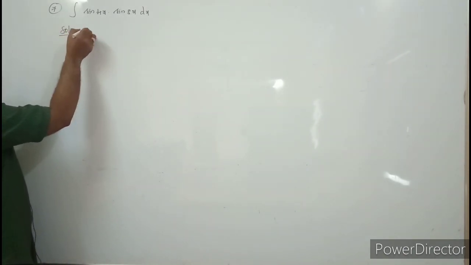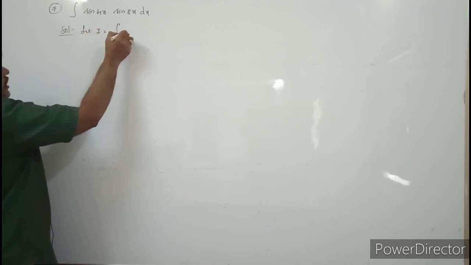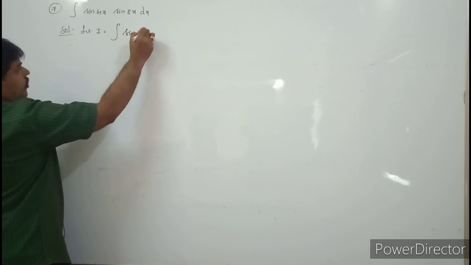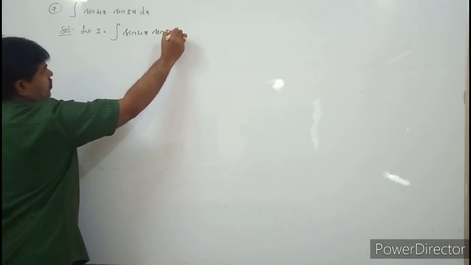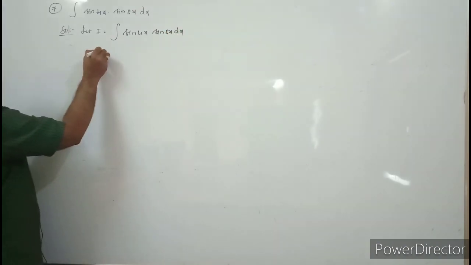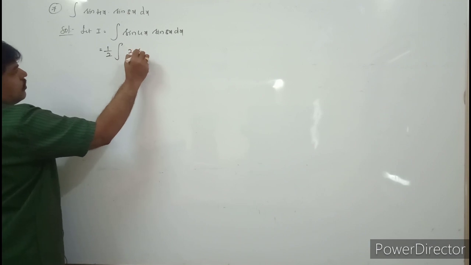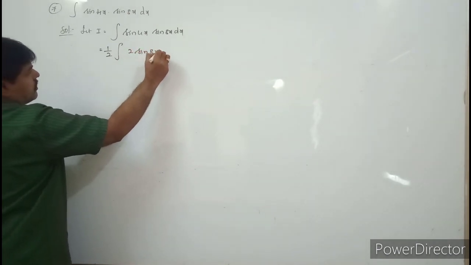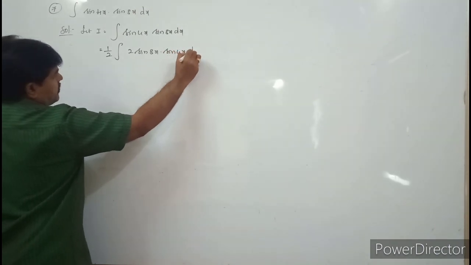So first, take the problem as I is equal to integral of sin 4x into sin 8x into dx. So what we will do is multiply and divide with 2. So how can you write this? 2 into sin 8x into sin 4x into dx.